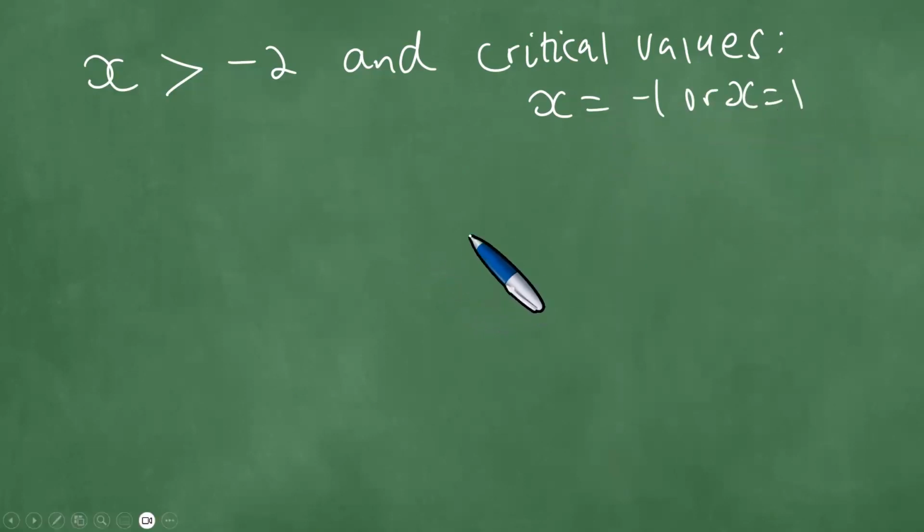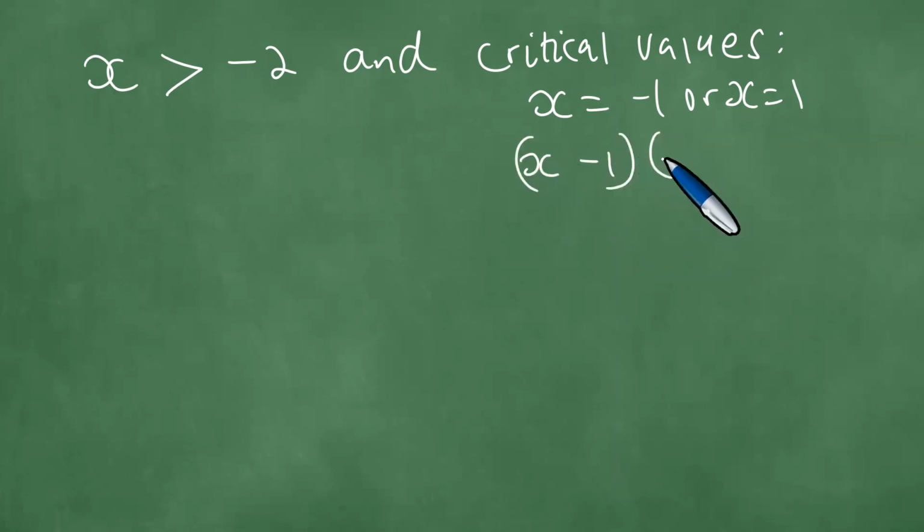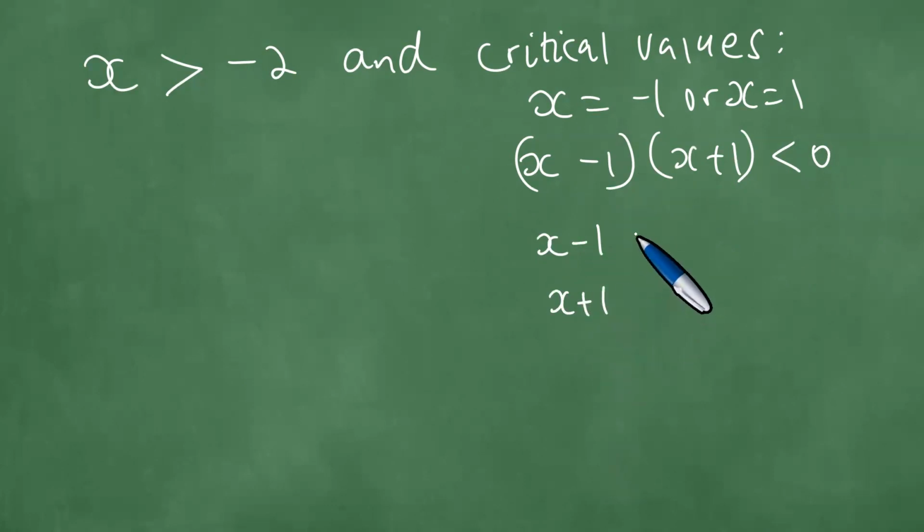Now, what is the meaning of this? Remember, these are the critical values together with this inequality, x minus 1 times x plus 1 is negative. What we do then is put the x minus 1 and the x plus 1, and we draw the real number line.